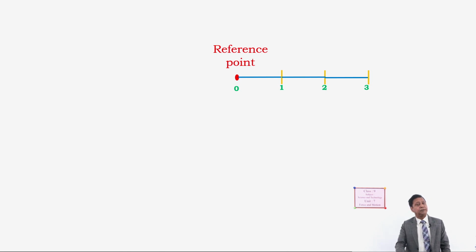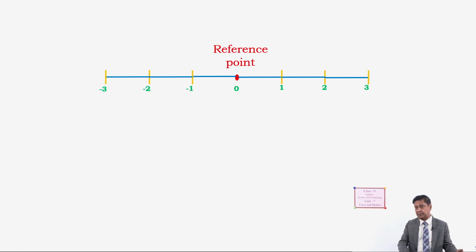But if the body moves towards the left hand side, then we must have marks again, and these are the marks for 1 meter, 2 meter and 3 meter. But why did I mark minus? The reason is very simple. Our reference direction is towards the right hand side.